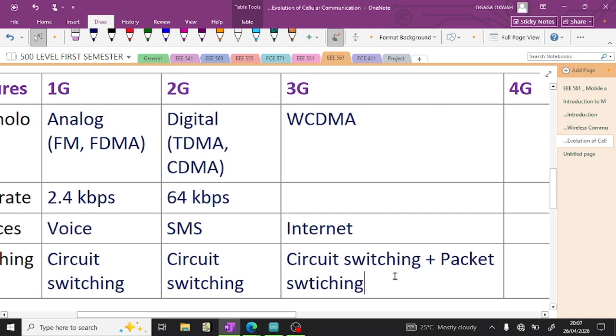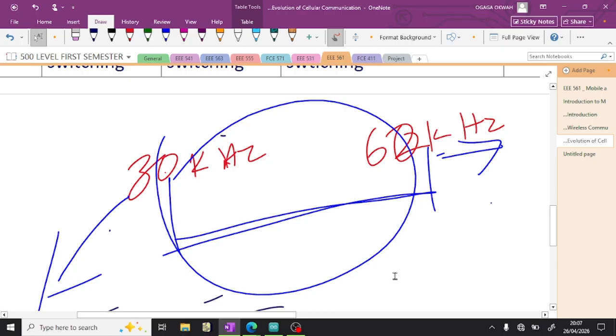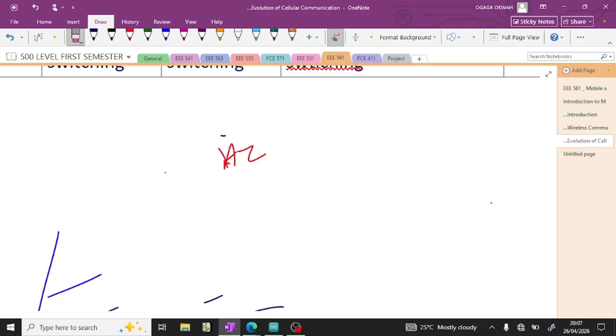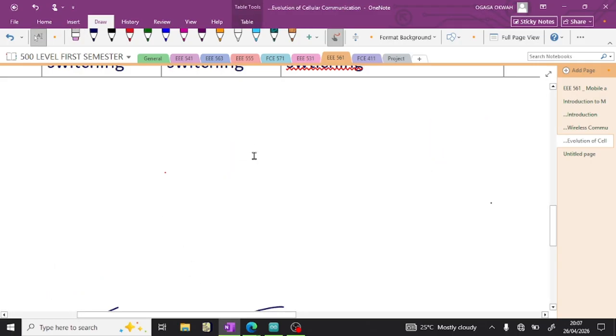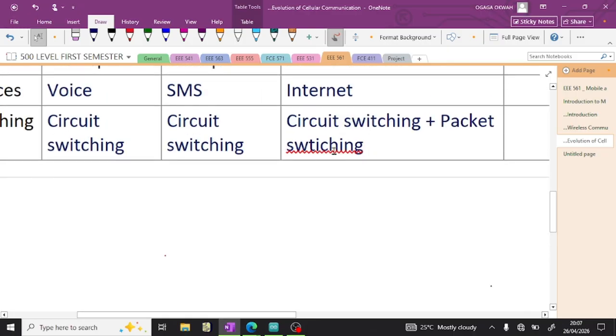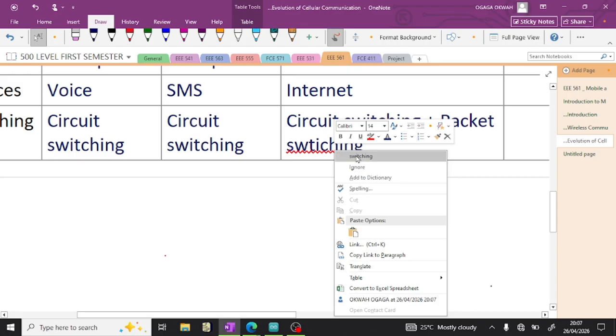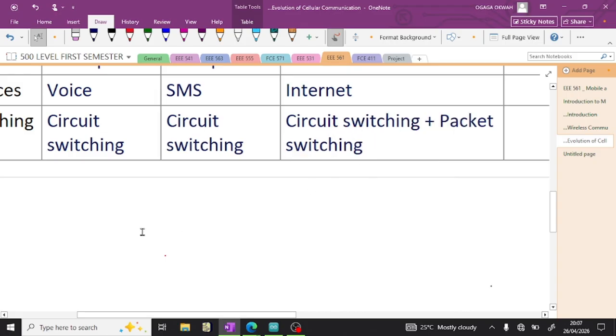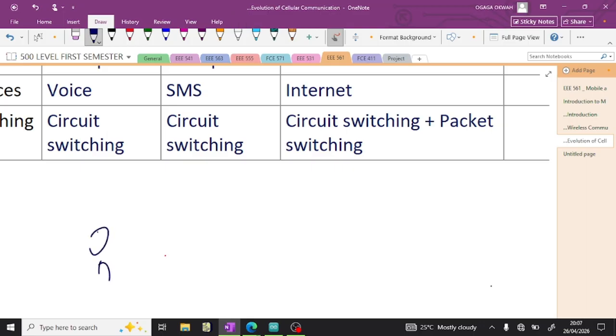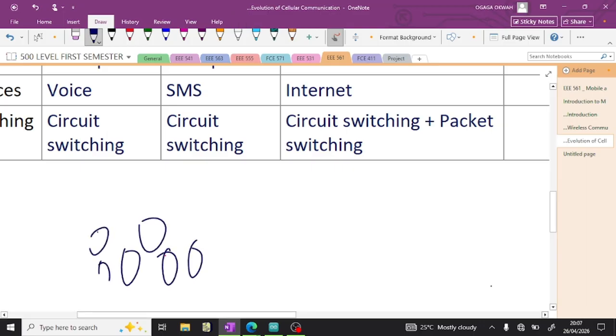Now, for packet switching, in a circuit we give one user one channel, right? But in packet switching, it is not one user one channel again.